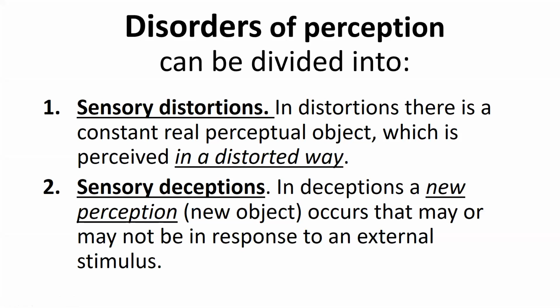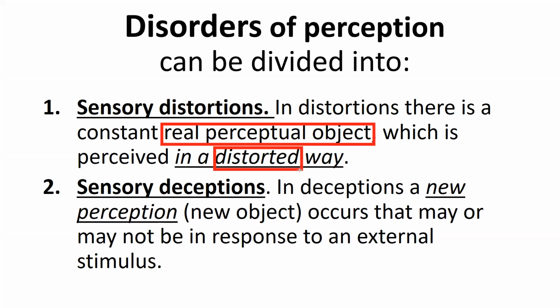Two main branches of the disorders of the perception. Distortions means we got a real object. A patient has a real object to perceive, but this object is distorted. That's a keyword.